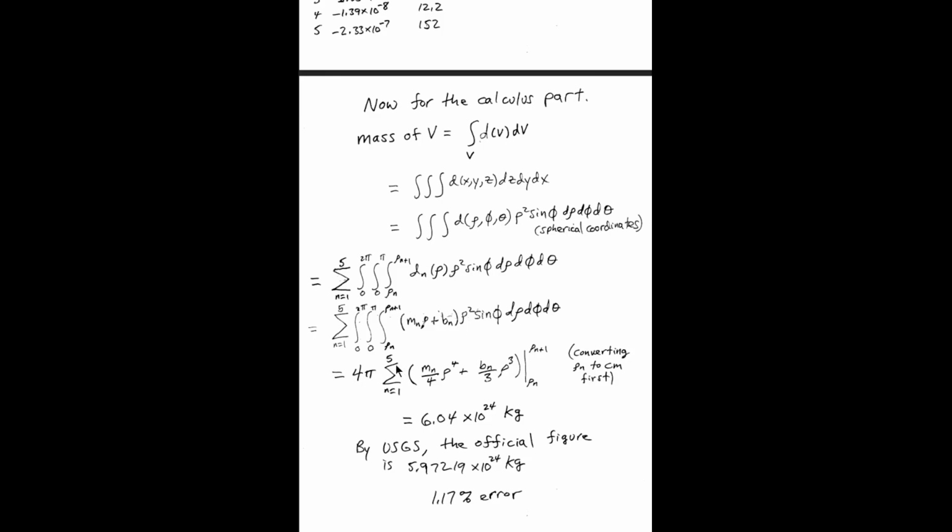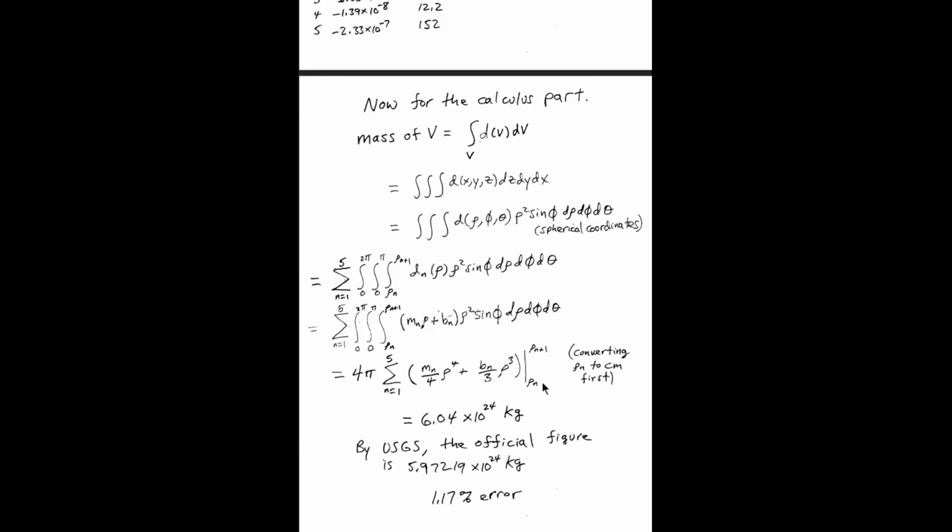Then we still have the sum as n goes from 1 to 5. Now integrating what's left, which would be the rho squared times our density function, m sub n rho plus b sub n. Well, when we do that, of course, we get m sub n over 4 times rho to the 4th plus b sub n over 3 times rho cubed from rho sub n to rho sub n plus 1.